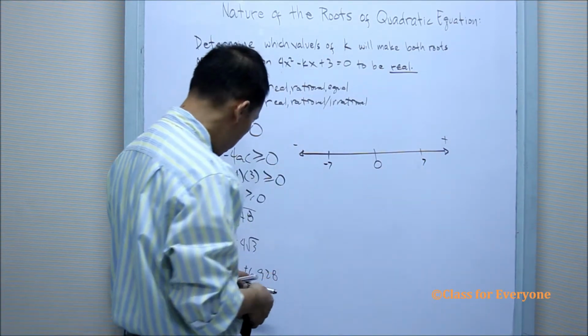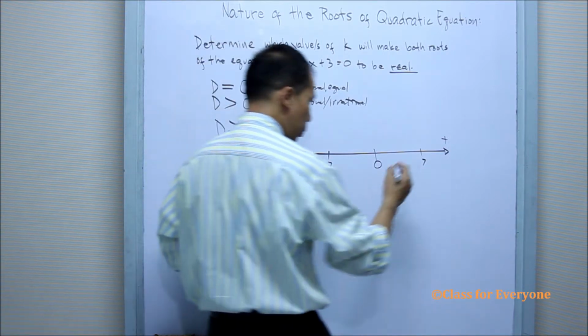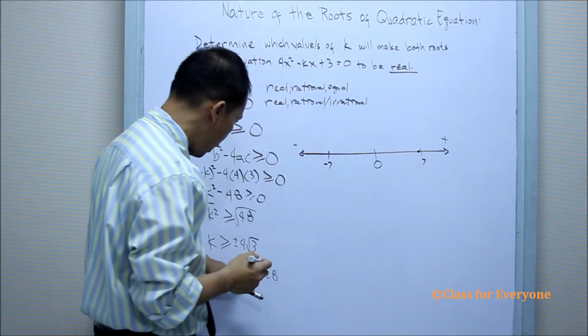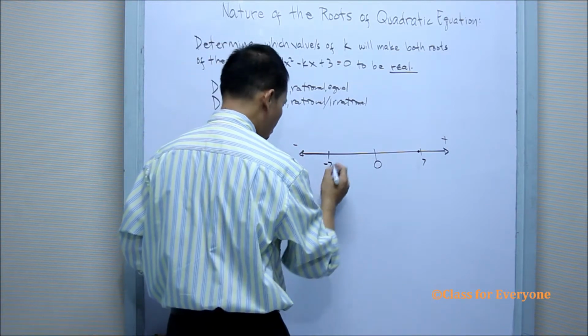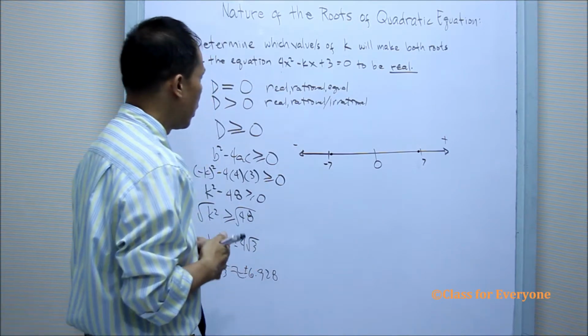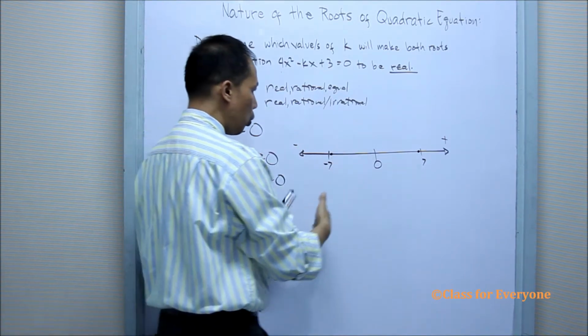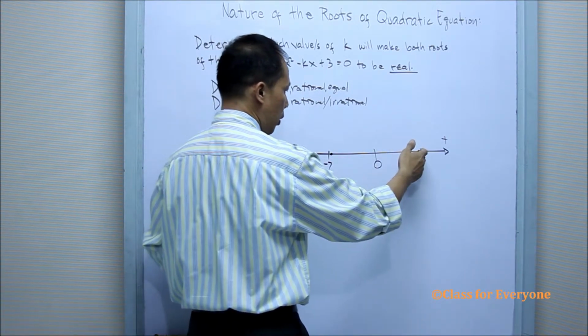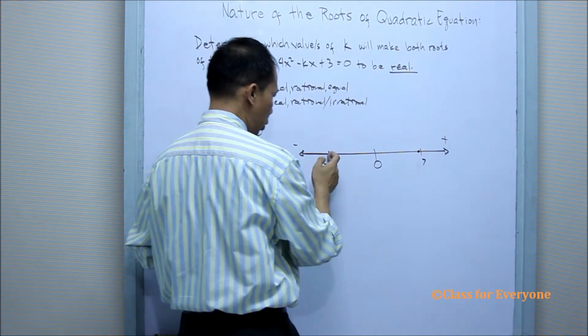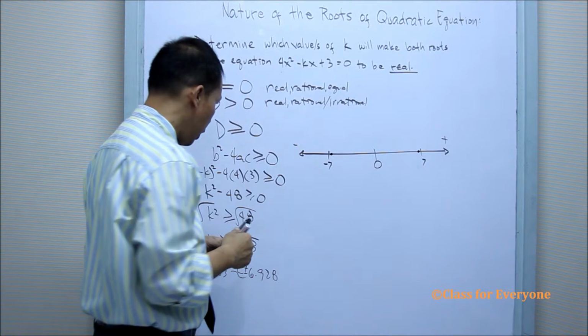So, this positive 6.928 will appear as this one. And if it is a negative 6.928, this will probably be on this side. But the question is, which of the two, where will I go? Will it be on the right side to the positive, or will it be on the left side or to this one? So let us check.